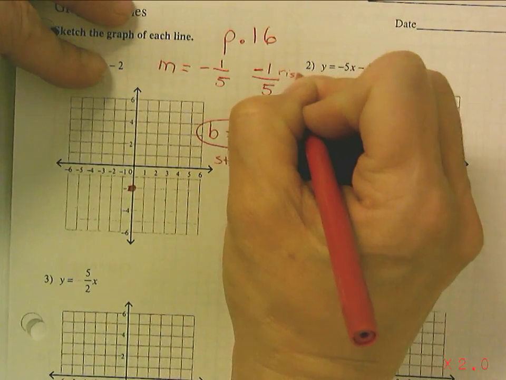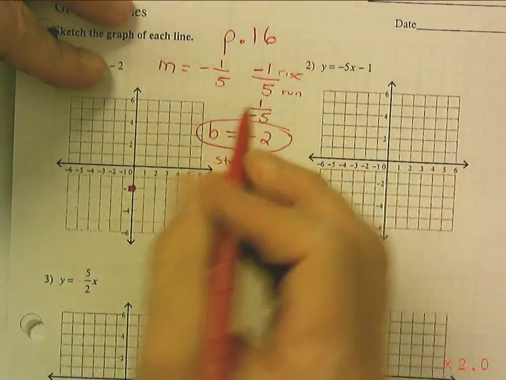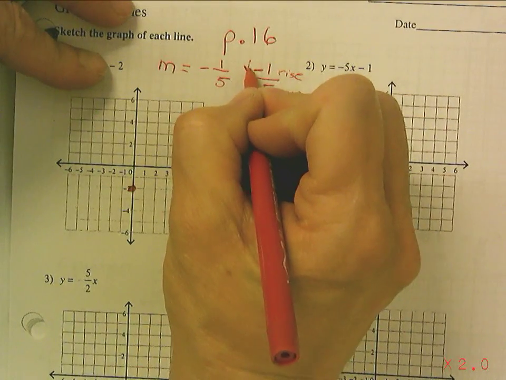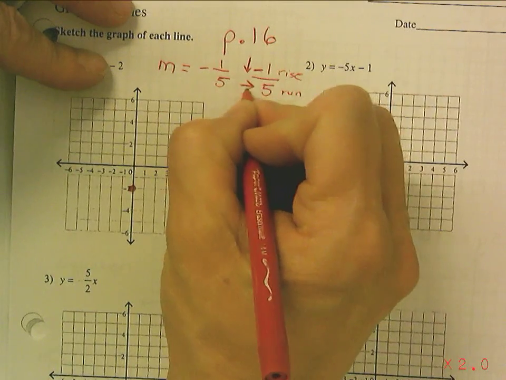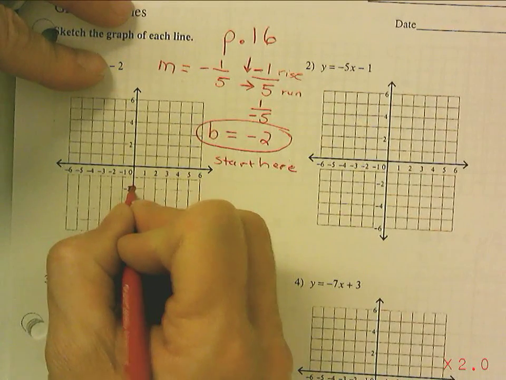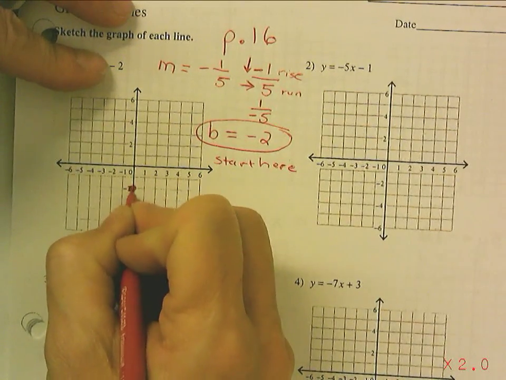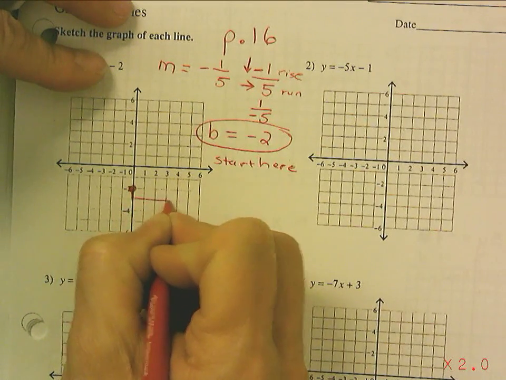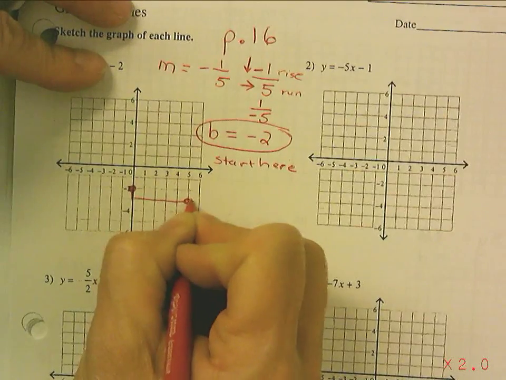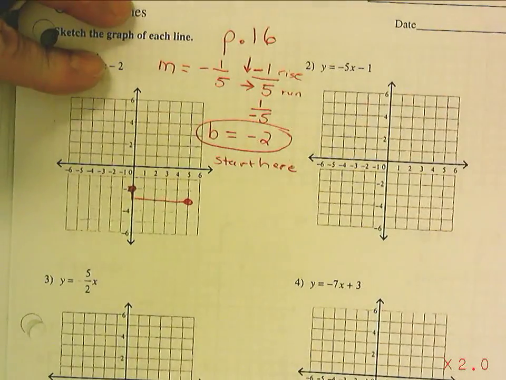This is the rise, this is the run. So this means I rise in a negative direction and then I run in a positive direction. So I rise -1 in a negative direction, and I run 1, 2, 3, 4, 5 in a positive direction, and I put a dot.